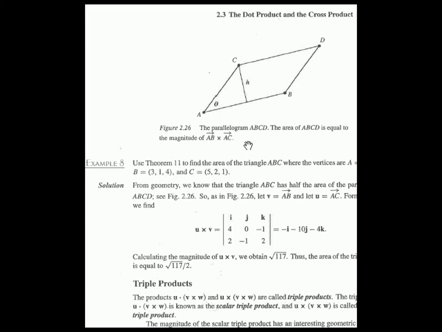But here's another application, it's finding the area of a parallelogram. So let's say we have this parallelogram here. What's the area? Well, you know from geometry that it's the length of the base, AB, times the height. But the height is the length of this vector times sine of theta. So the area would be the length of AB times the length of AC times the sine of theta.